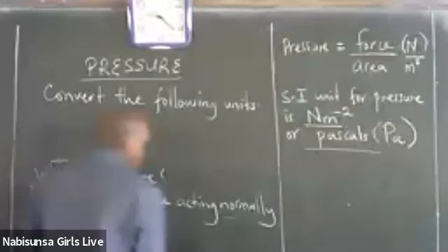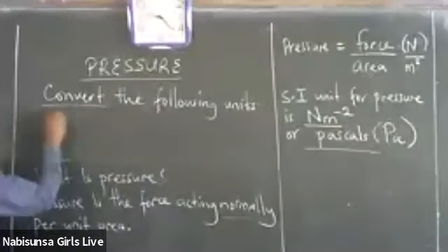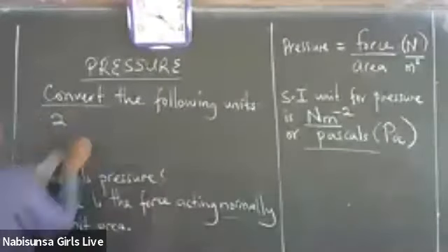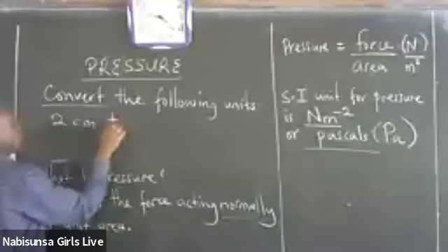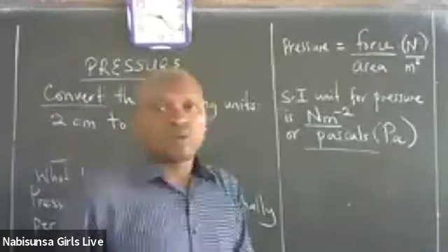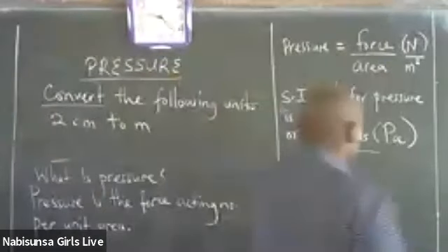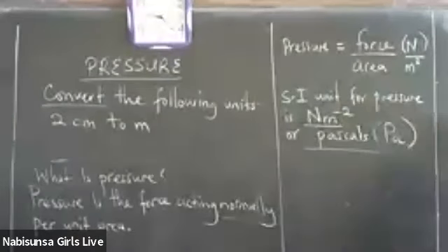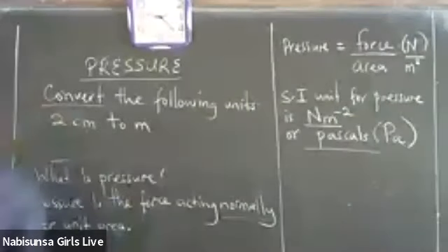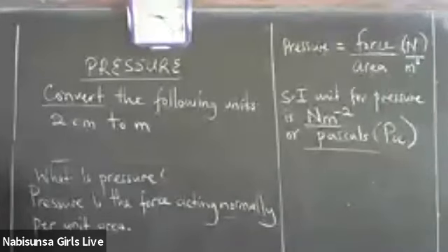For example, if I have 2 centimeters, I want to convert 2 centimeters to meters. What do I do in that case? Any suggestion?